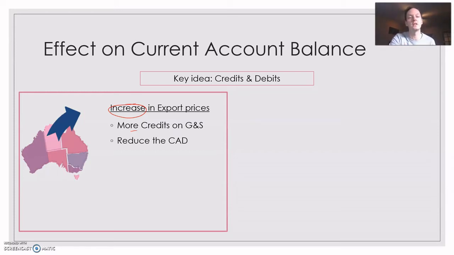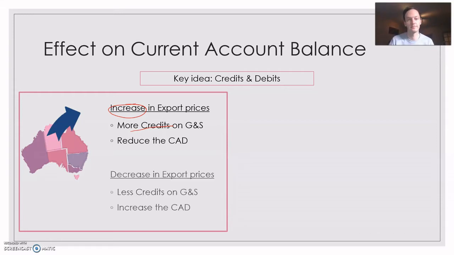And so that results in more credits on goods and services. And when there's more credits, the current account deficit gets smaller. That seesaw that we have, with the current account over on this side, down below the zero line, if more credits come in, then that's going to tip the seesaw closer to surplus, and the gap for the current account deficit to the zero point will get smaller. Therefore, it will reduce the CAD.